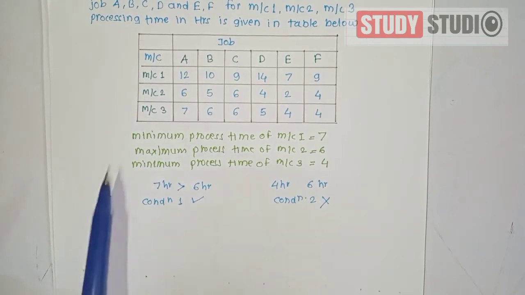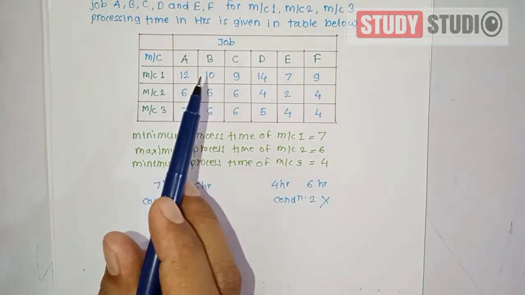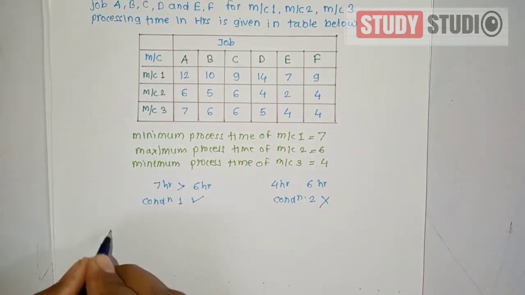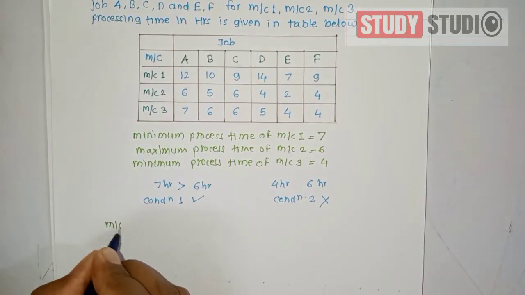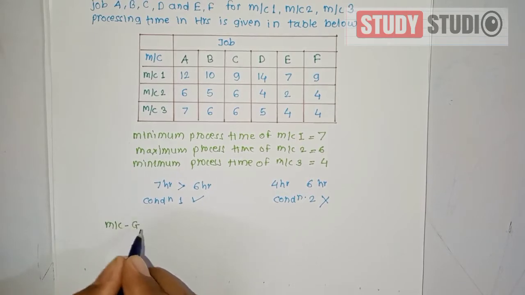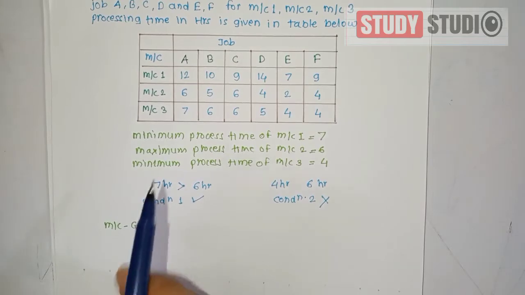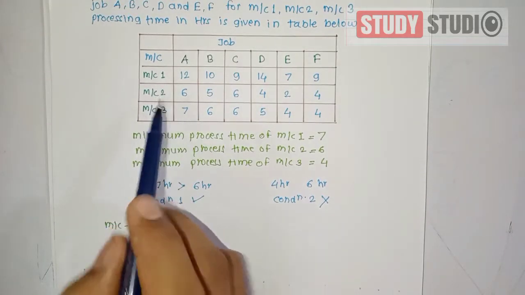To convert 3 machines processing hours into 2 machines processing hours, let's consider a new machine, that is machine G, which will be the combination of processing hours of machine 1 and machine 2.